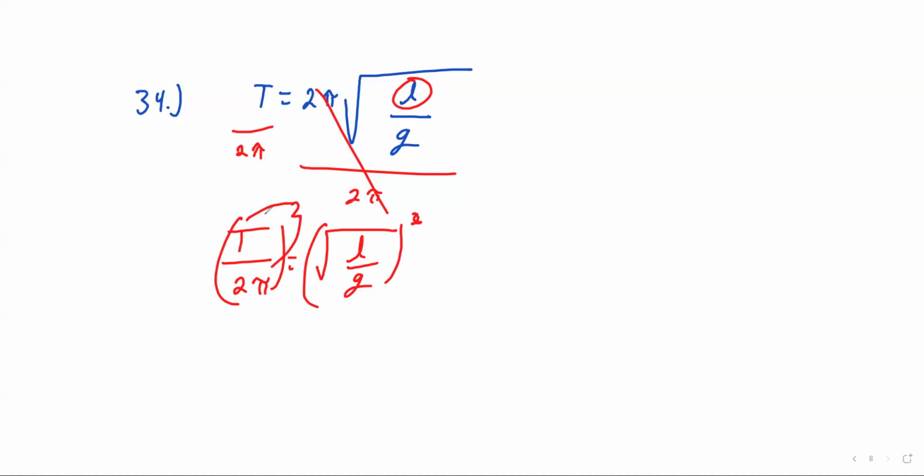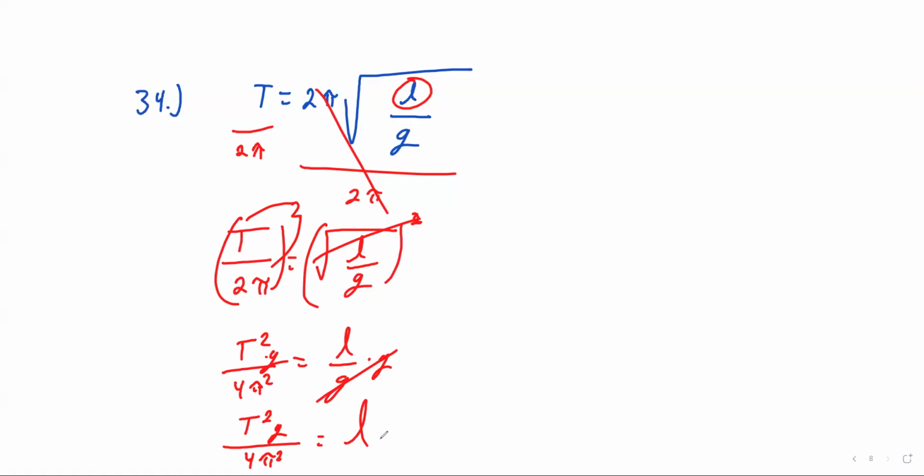You can go ahead and distribute this out. So this would be t squared over 4 pi squared equals L over g, because this will cancel. And then all I got to do now is multiply by g. What I do to one side, I must do to the other.